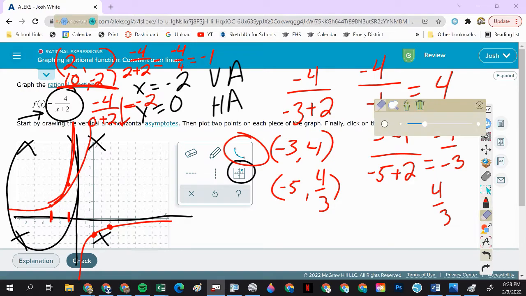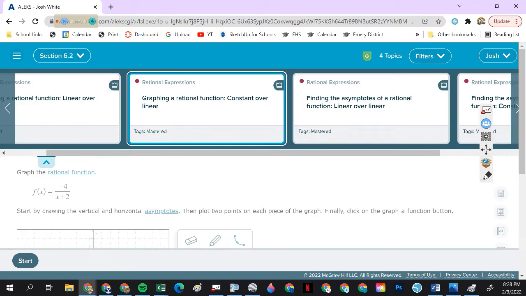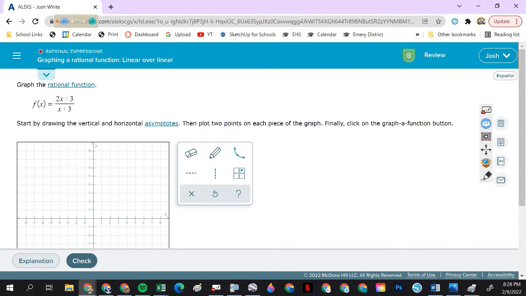All right, let's do one more. Same instructions. Set the bottom equal to 0. So my vertical asymptote, subtract 3, I get x equals -3.